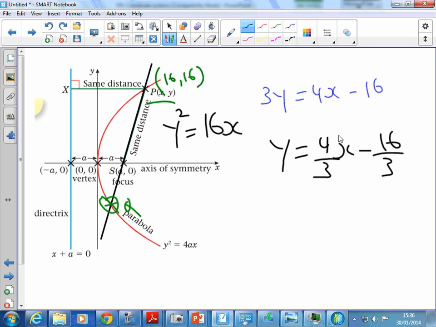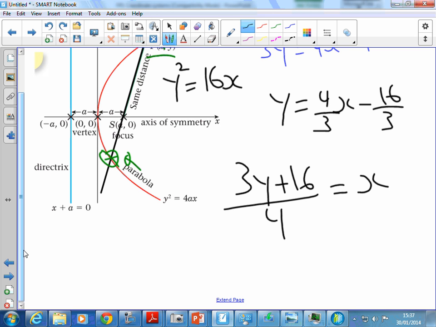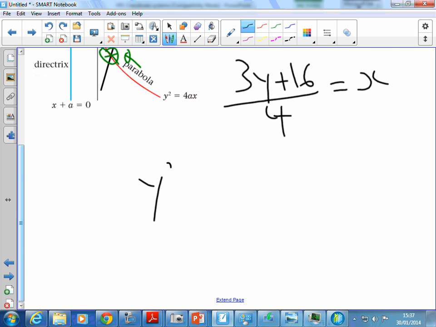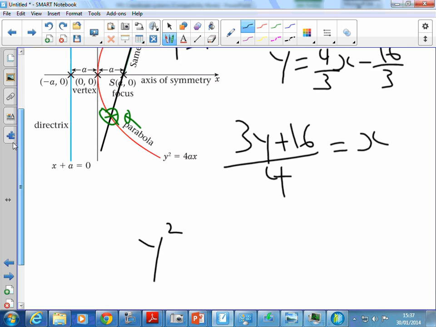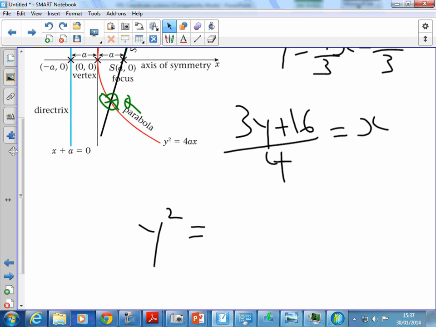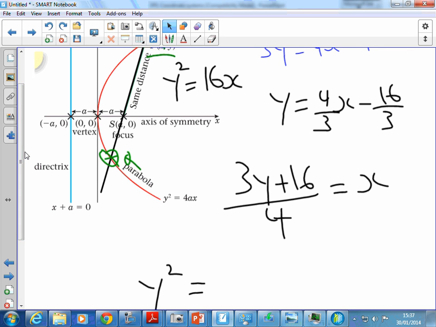Now, if y is the subject, then for y squared we'll have to square it out. However, if we made x the subject of the equation, we can say that (3y plus 16) over 4 is equal to x. That's probably easier, isn't it? So now where I see x, I can substitute that in. So it's y squared equals 16 lots of x.